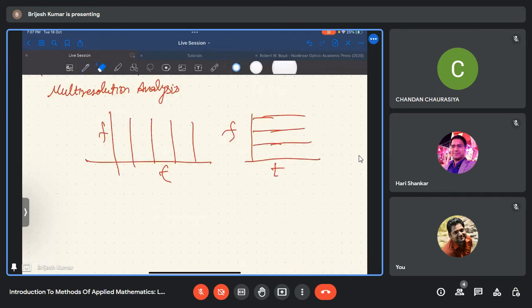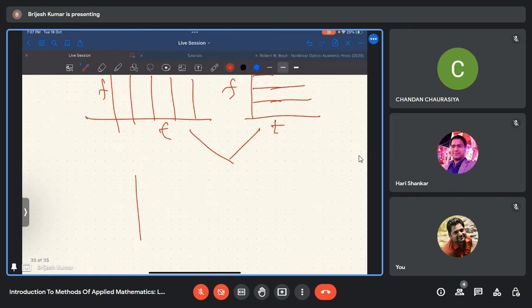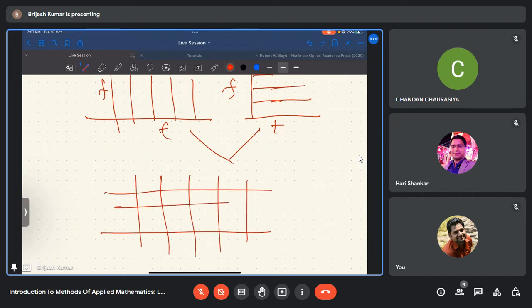But when we mix these two things, we get the perfect resolution in frequency as well as in time. Okay, so that is the portion which covers this multi-resolution analysis.